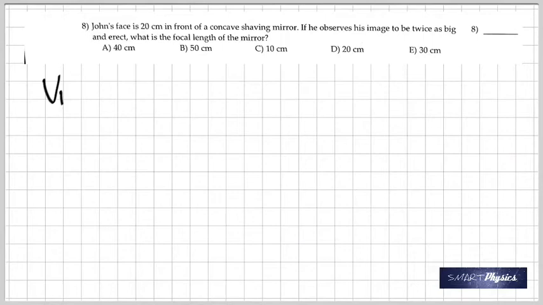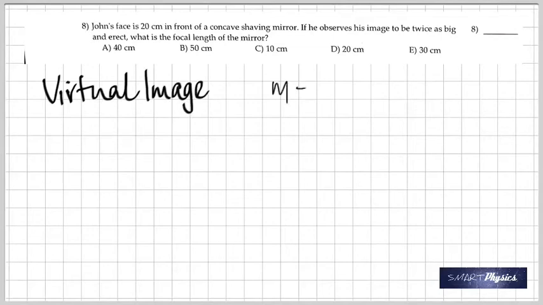Here, John's face is 20 centimeters in front of a concave shaving mirror, and his image is twice as big and upright. Of course, it's a virtual image. That's why it's an upright image. You need to find out the focal length. Okay, so it's a virtual image because it's an upright image.